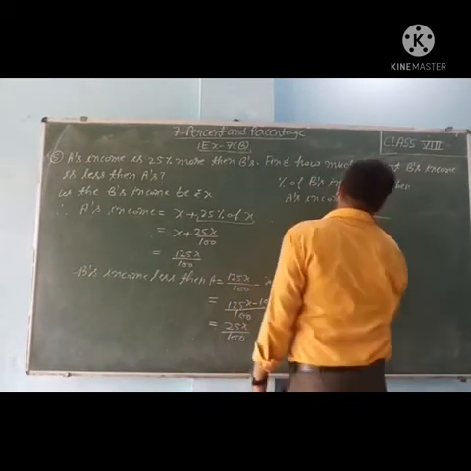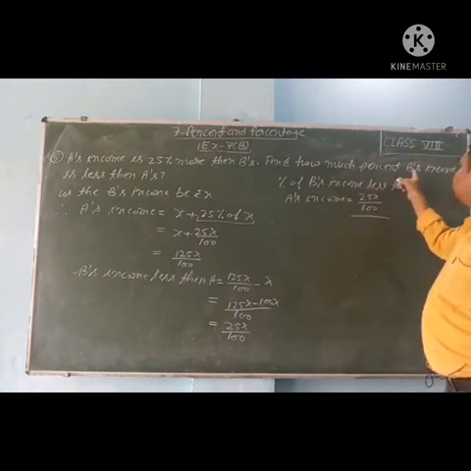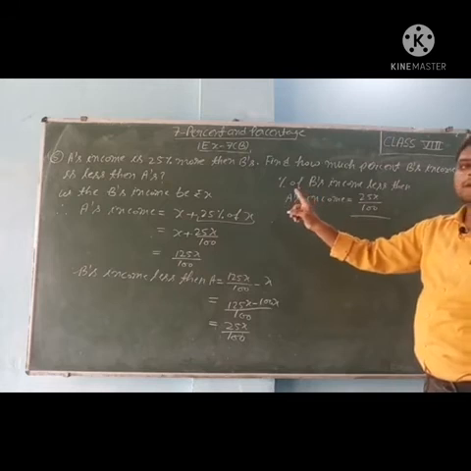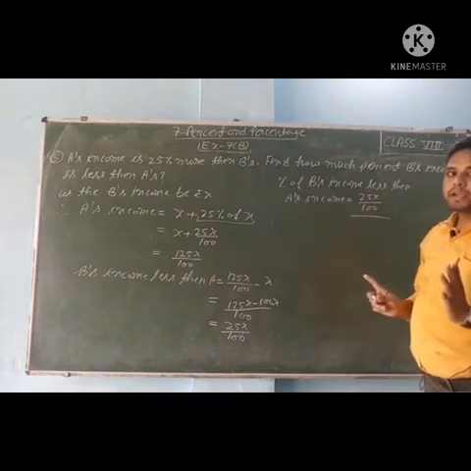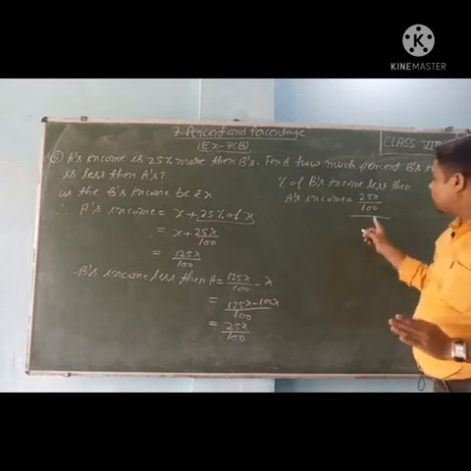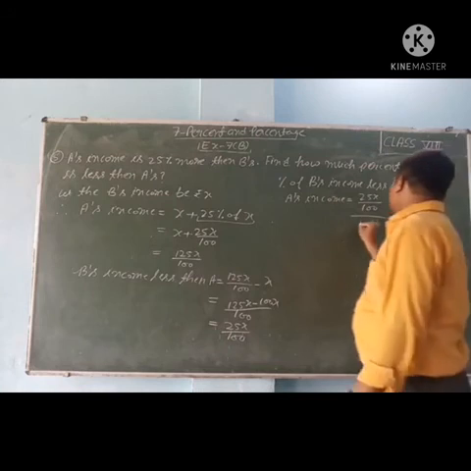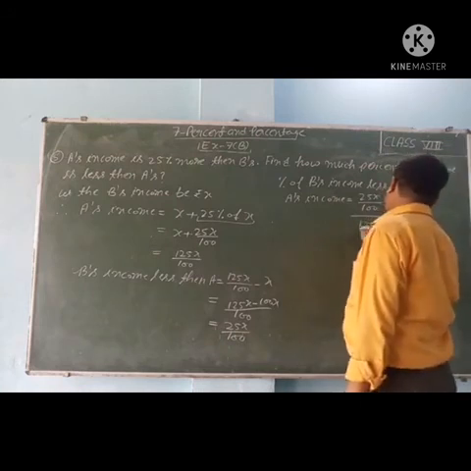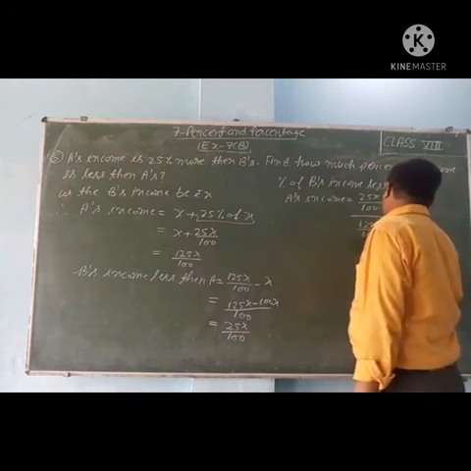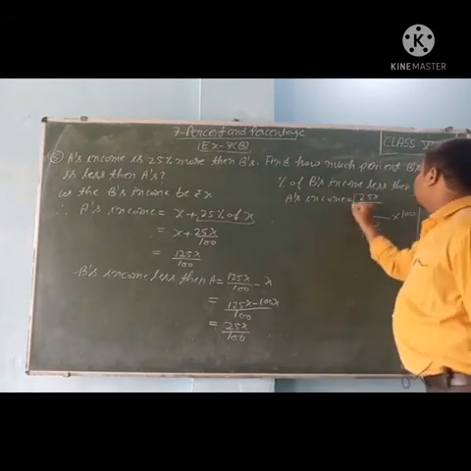Whose income will we write in the denominator? See what is written: how much percent B's income is less than A's. We are comparing B's income with A's income. So we will write A's income in the denominator, and A's income is 125x upon 100, multiplied by 100%.